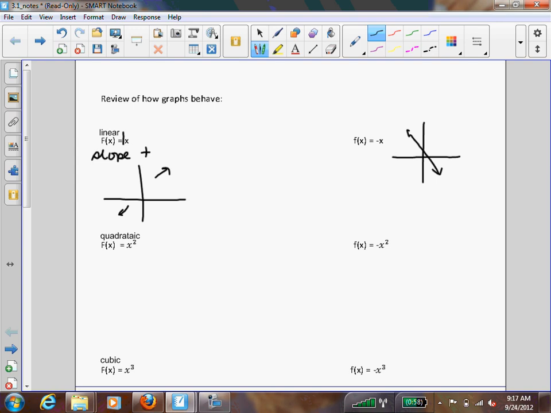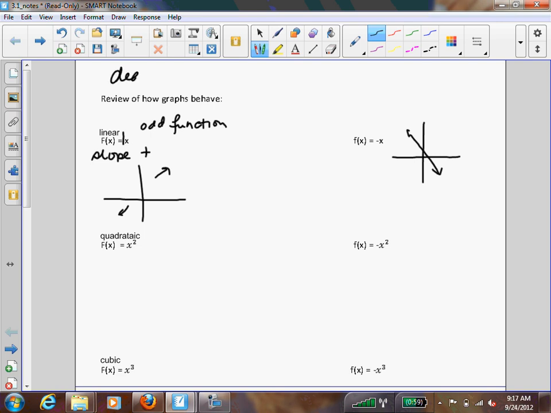Now this is considered an odd function. And it's odd because the highest exponent on this function is what? 1, and 1 is an odd number. Not the number in front of the x, we're talking about the exponent. A function is either even or odd, and it is determined by the degree of the function. So let's review.